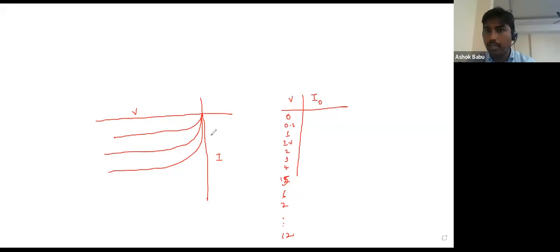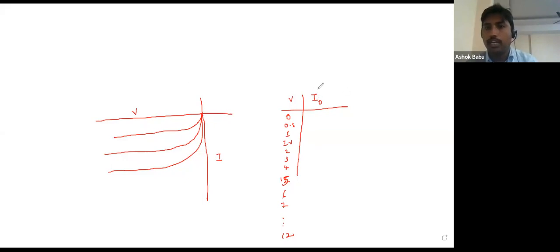So we have a knob to increase the light intensity. Use that method, or else decrease the distance between the photodiode and the light source. Then also we are increasing the intensity, meaning the light falling on the photodiode increases by decreasing the distance between the two.